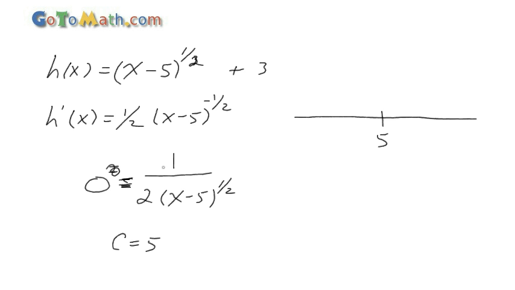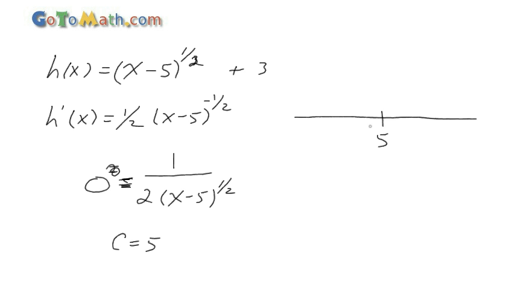Now, of course, we look up here, is 5 in the domain of h of x? And yes, it is, right? So that qualifies as one of the qualifications to be a critical number, that h must be defined at c. Alright, so now we're going to test where this thing is increasing and decreasing.